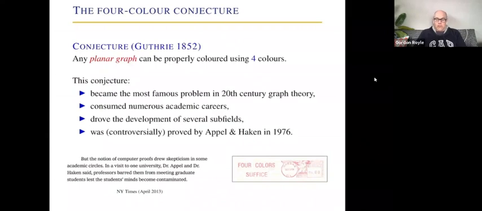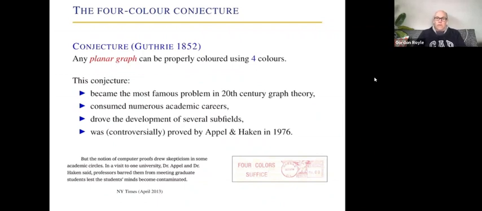The 4-color conjecture drove the development of several subfields. There were many concepts that were introduced for the 4-color theorem that then subsequently became of independent interest. And then finally, the 4-color conjecture was proved by Appel and Haken in 1976.